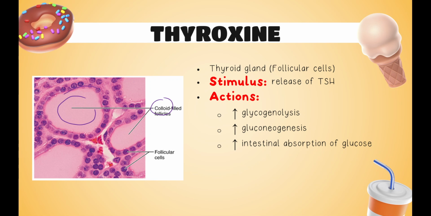What encircles your colloid is your follicular cells, and that is where your thyroxine is being produced. Yung colloid dyan sa center, that is somehow where they are being stored. After thyroxine is secreted or produced, isi-store sila dito sa colloid. Dyan sila nakatambay until such time that your TSH will be released and stimulate its release.